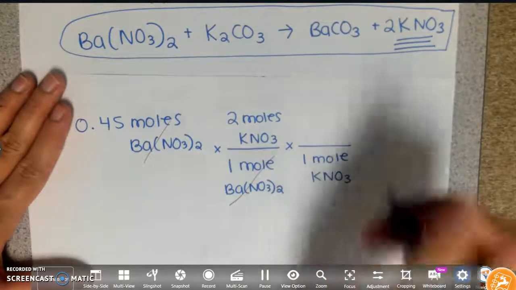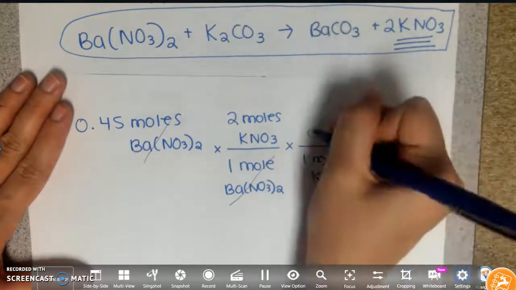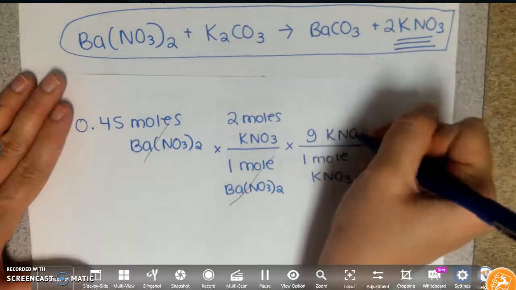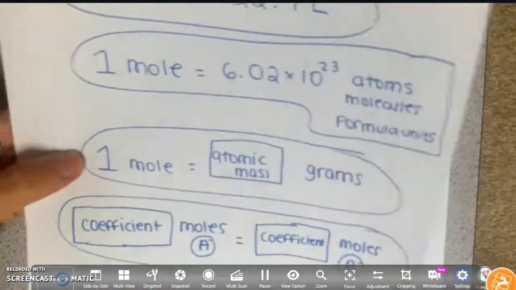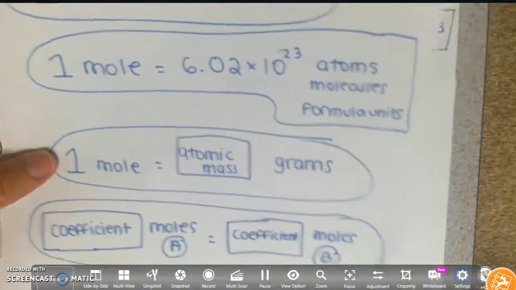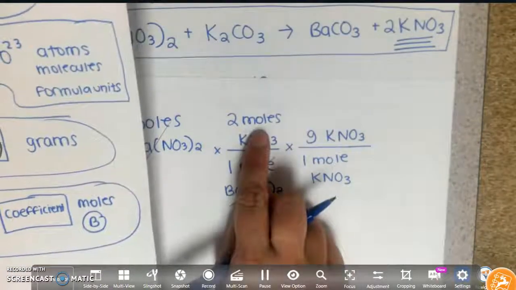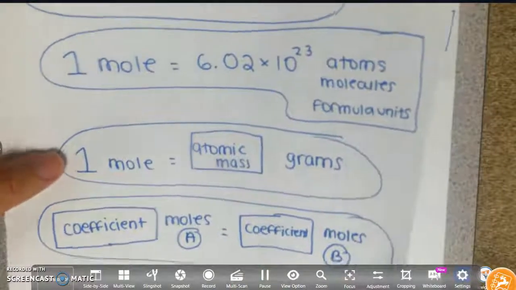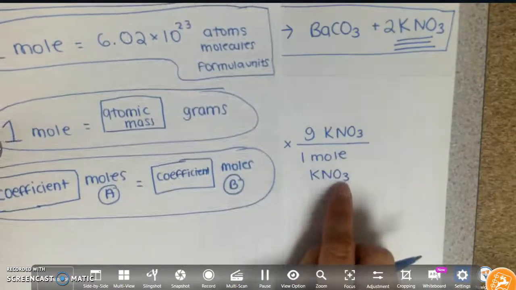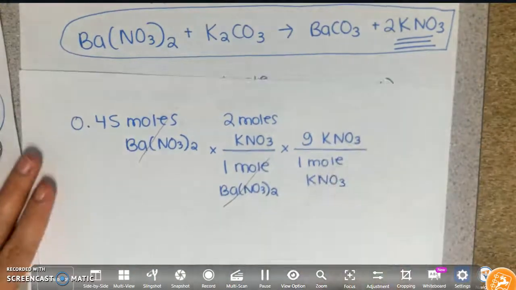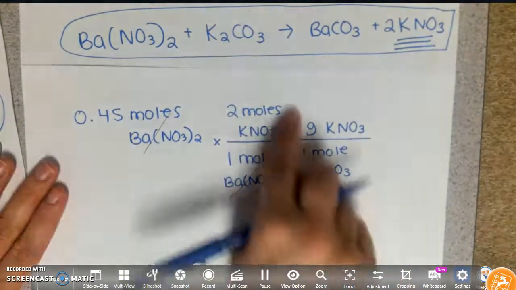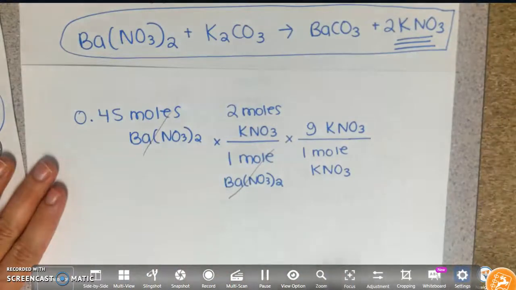And 1 mole of that equals the atomic mass of it in grams. Now, remember, this conversion is always 1 mole. So it doesn't matter that it's a 2 mole right here. This conversion is always 1 mole. So right there, you should always write 1 mole. The only time the coefficients matter is this step. Every other step, they don't matter.